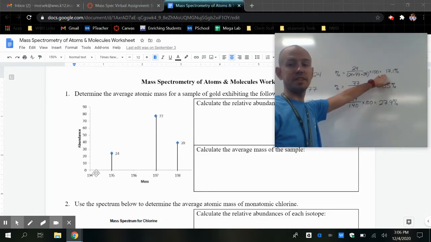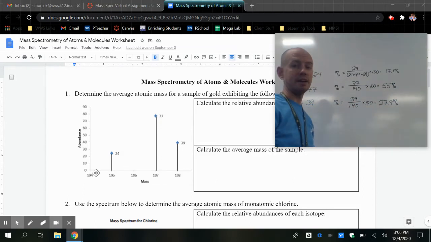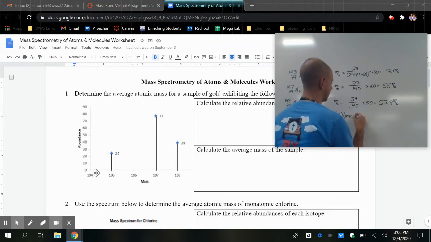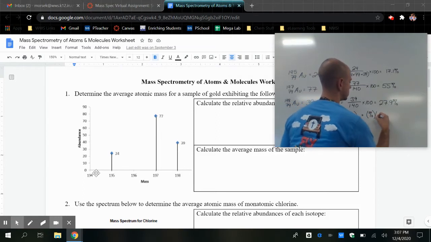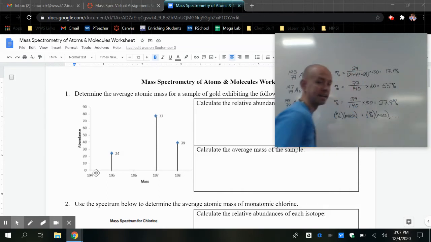Here, 17% comes from this, 55% from this, 27% from this. So what we do is we take our percent, we multiply that by the mass for each of our isotopes, and then we keep adding that up until we have done that for all of our isotopes.